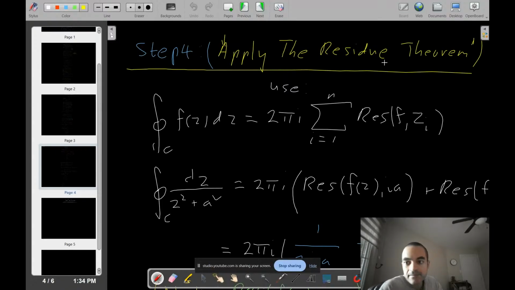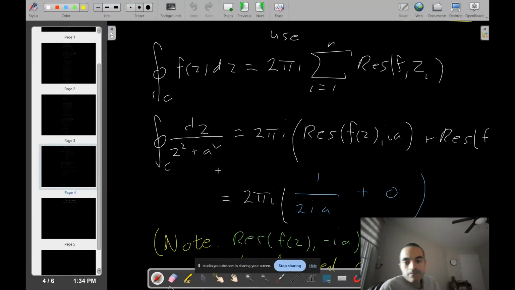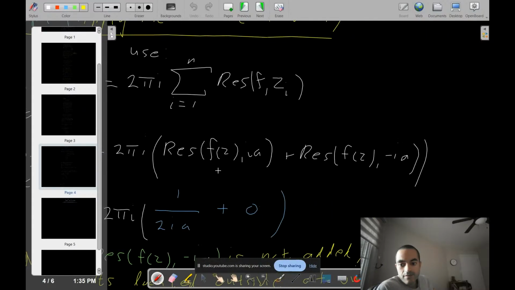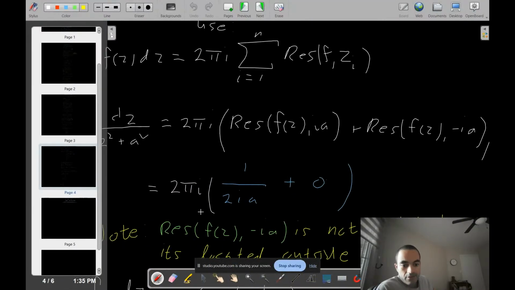Everyone following? Okay, so summing everything up, this is 2 pi i times the residue of f of z comma ia plus the residue of f of z comma negative ia. I'm just adding up all the residues. The residue at ia was our isolated singularity. The other one doesn't exist, it is 0, so I'm not going to put anything in.